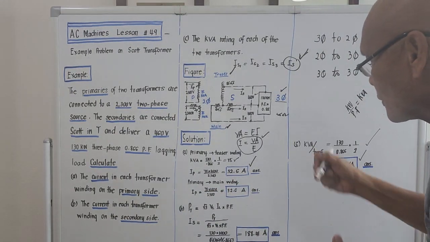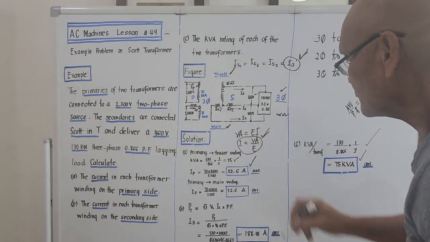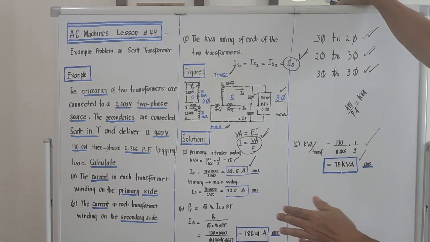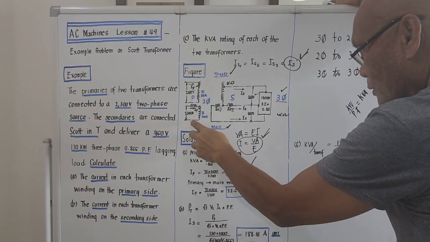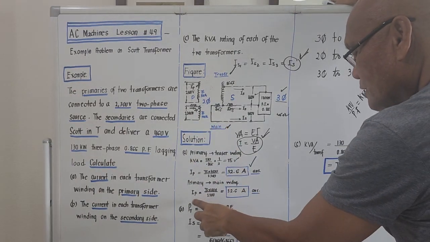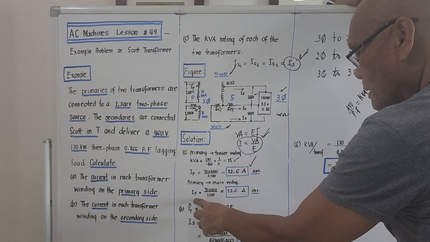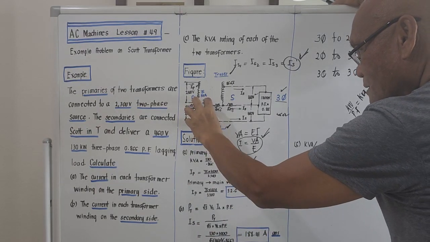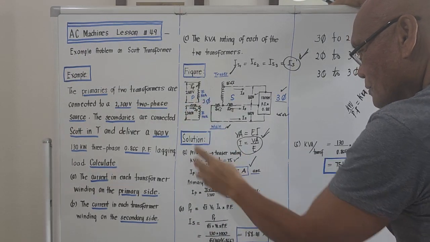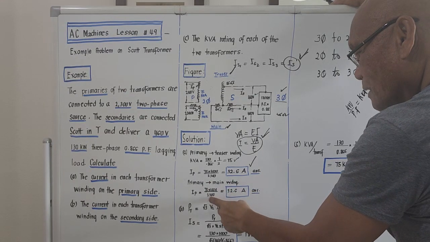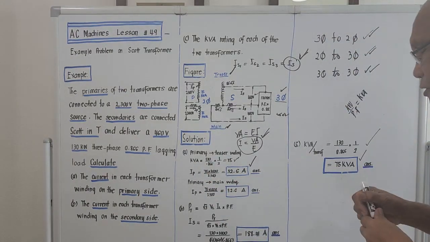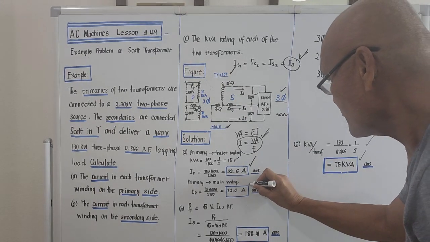Again, by using this formula, the total current on the primary, considering the main winding, will also be designated by I_P. The total load carried by this is still 75 kVA. So this should be 75 times 1000 over 2300, and it will still be equal to 32.6 amperes.